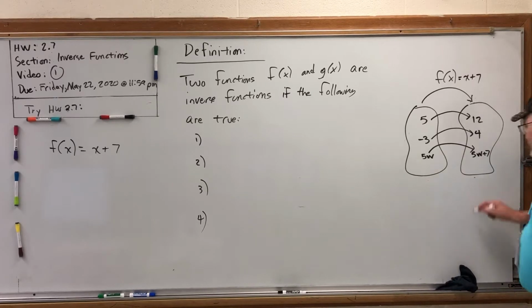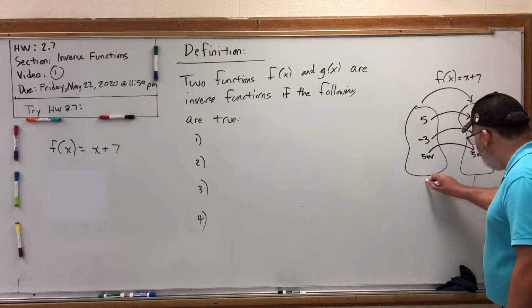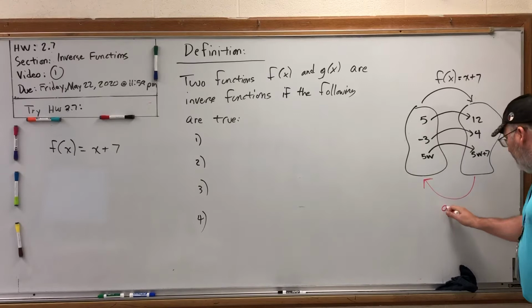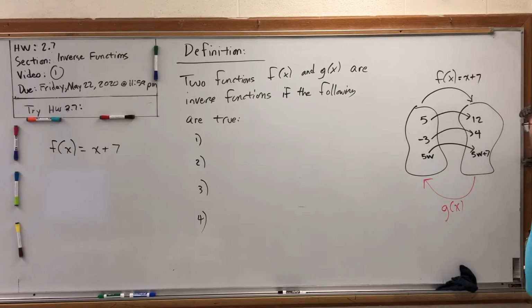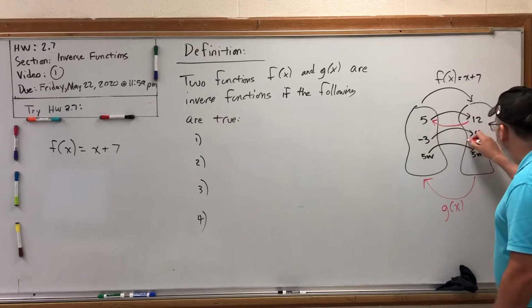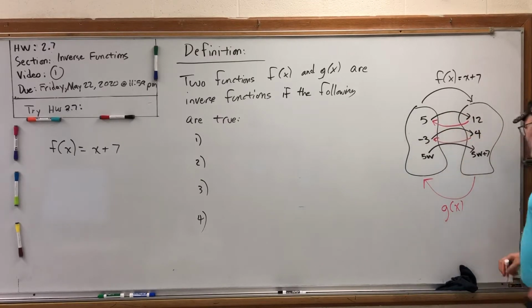If we want a function that's its inverse, it needs to go in the opposite direction. In other words, it needs to take these values and turn them back into these. For now, let's call that function g of x. So I need a function that will take 12 and turn it into 5, 4 and turn it into negative 3, and 5w plus 7 and turn it into 5w.